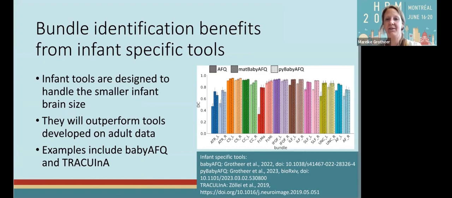And this is true regardless of whether you use the MATLAB or the Python implementation of baby AFQ. I hope this illustrates the importance of using infant-specific tools for infant bundle identification. And luckily, more and more of such tools are becoming available at the moment. So instead of baby AFQ, you could, for instance, also use Tractolina, which is an infant-specific implementation of TRACULA.